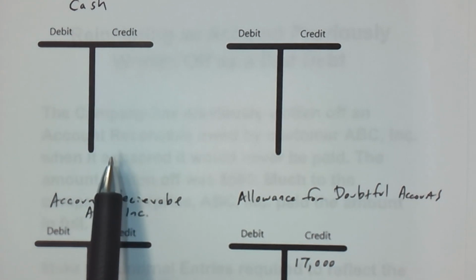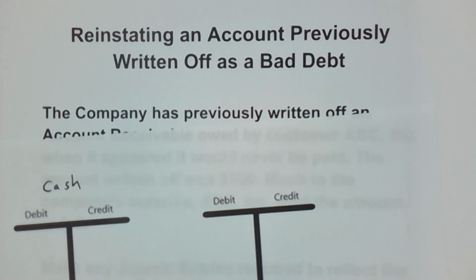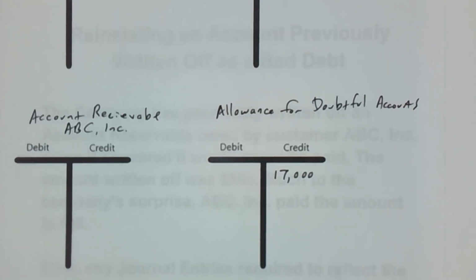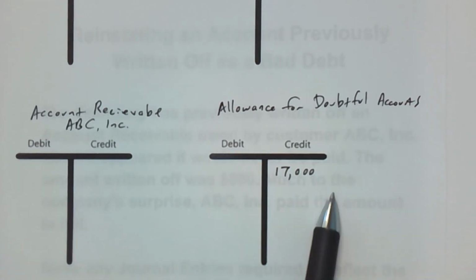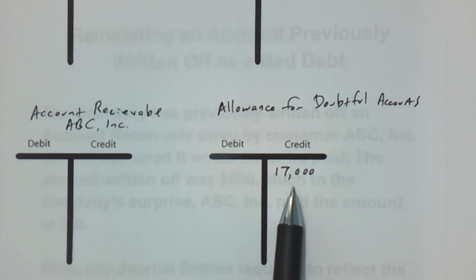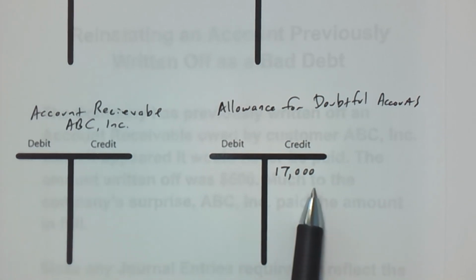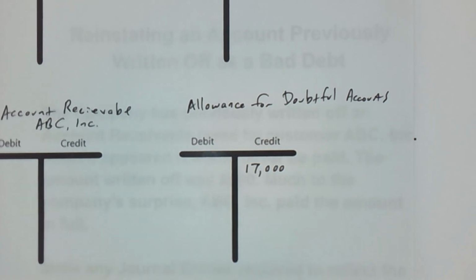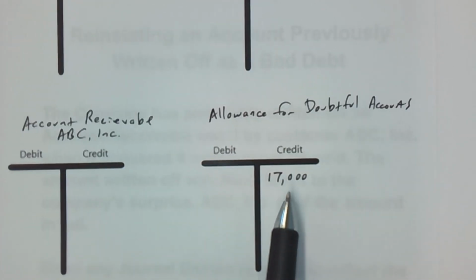All right, so where we're at in this case is we had previously written off a bad debt using the allowance for doubtful accounts method. So we're going to presume that there's some amount still in the allowance for doubtful accounts. I just picked 17,000. That amount has nothing to do in particular with this problem. It's just an example of an amount sitting in an allowance for doubtful accounts.